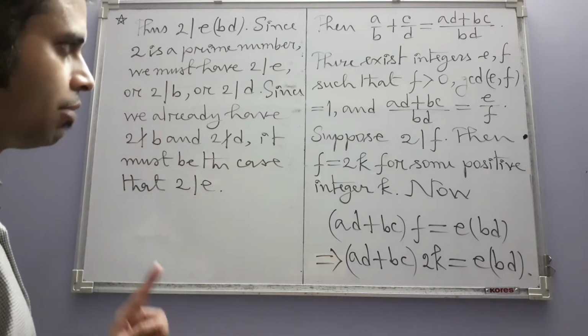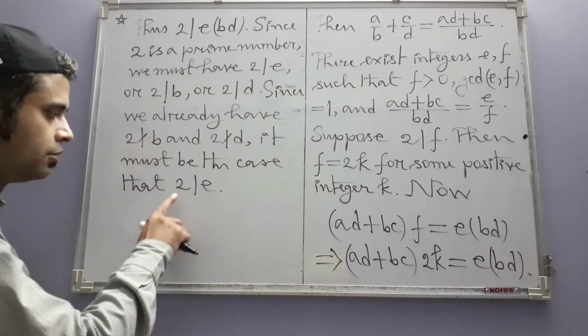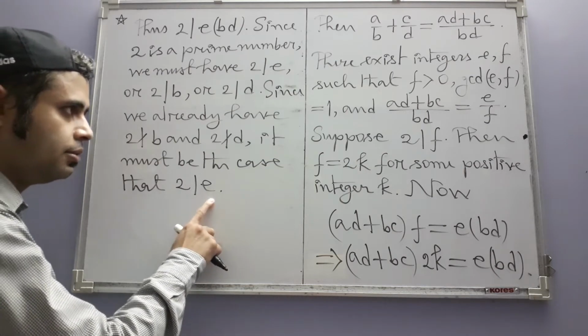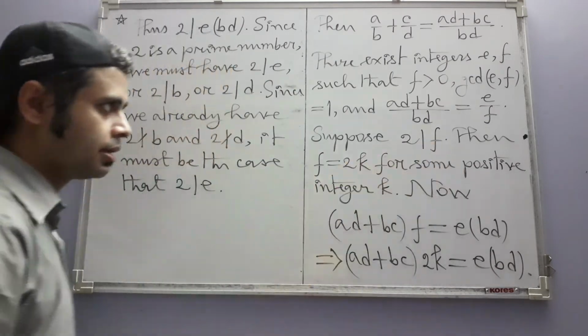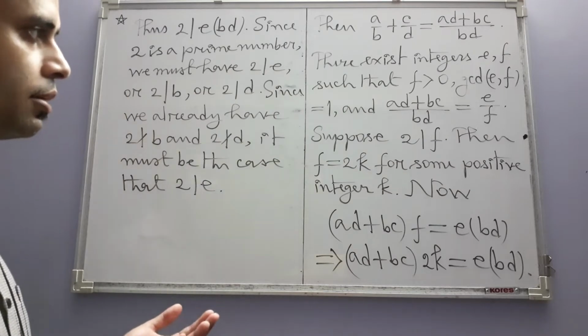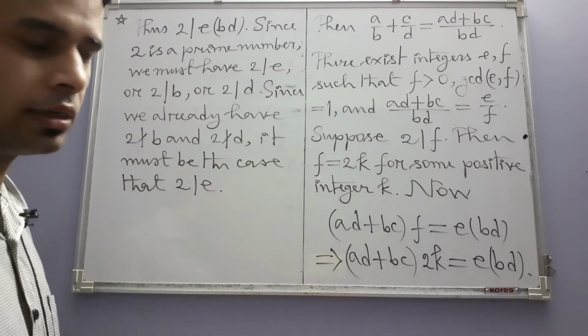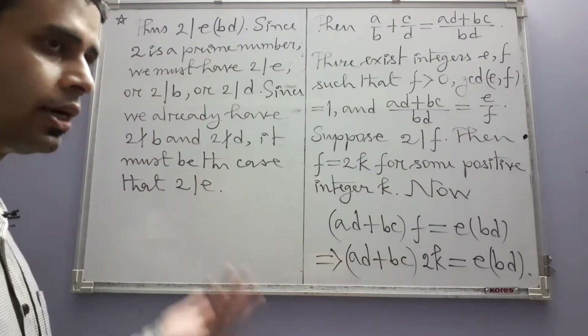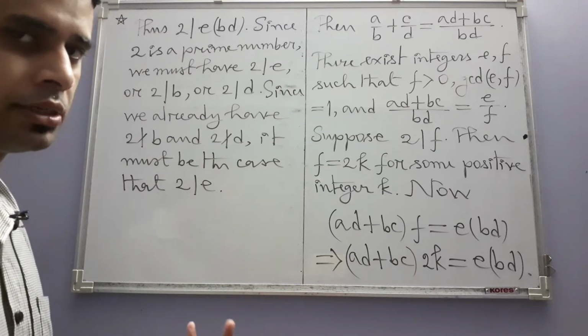But now see what has happened. 2 divides E and 2 also divides F. So 2 is a common divisor of E and F. So it has to divide the greatest common divisor by a property of GCD.